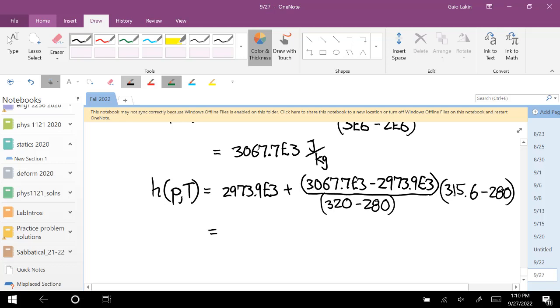And we get this final value of the specific enthalpy of 3057.4 times 10 to the third joules per kilogram.